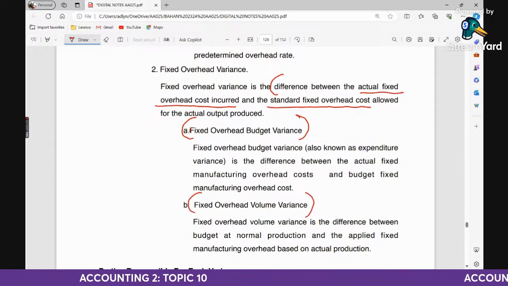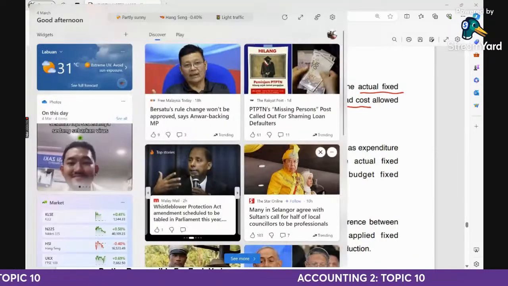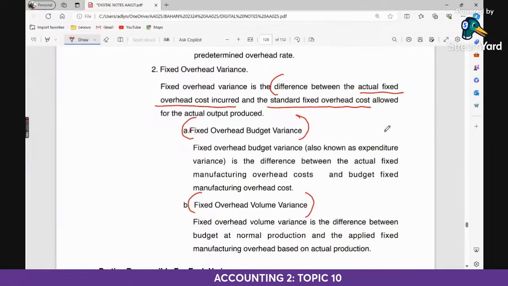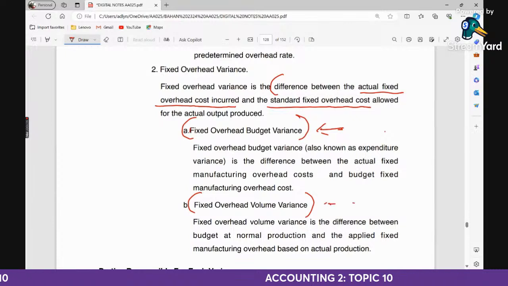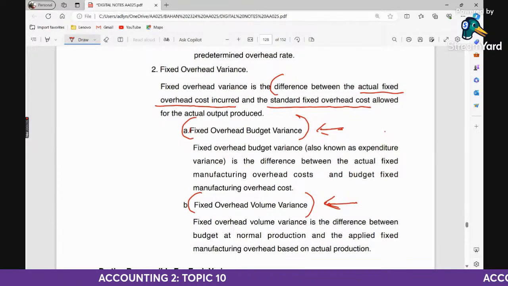Okay, so budget ni merujuk kepada jumlah kos untuk your fixed overhead. Okay, whereas volume ni merujuk kepada quantity yang dikeluarkan, okay, menggunakan your fixed overhead cost.